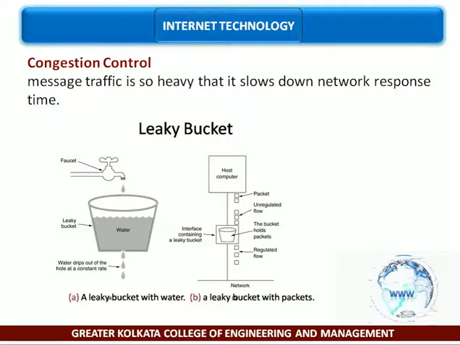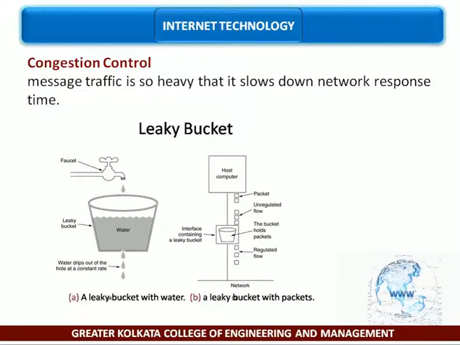That will be controlled by an algorithm, that is the leaky bucket algorithm. The congestion control algorithm is the leaky bucket algorithm. Let us consider an example to understand. Imagine a bucket with a small hole in the bottom. No matter at what rate water enters the bucket, the outflow is at a constant rate.